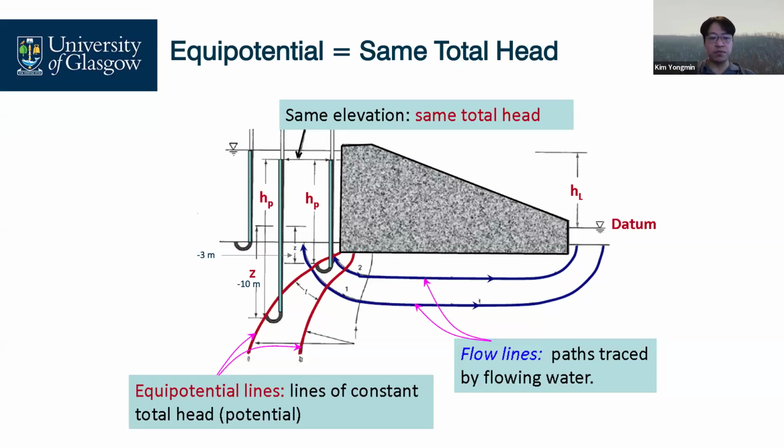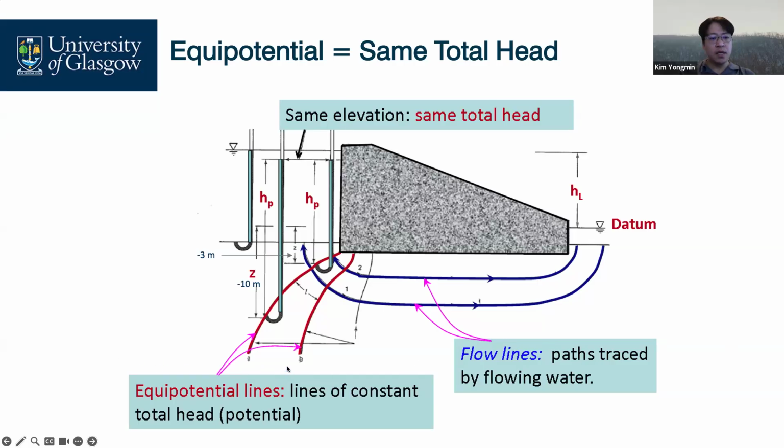Okay, this is the true one. An equipotential line means we have the same total head, not the same pressure head. So we set our datum at this line.